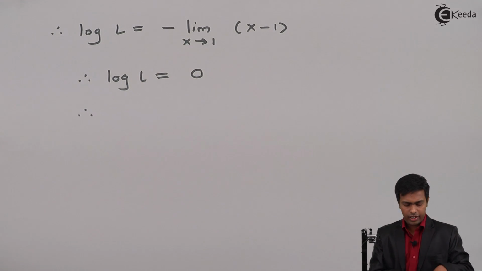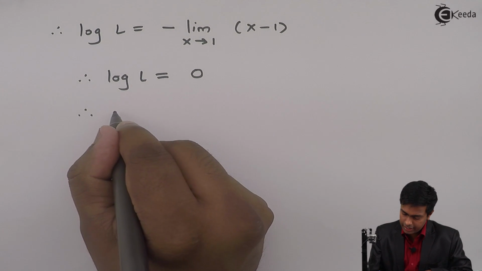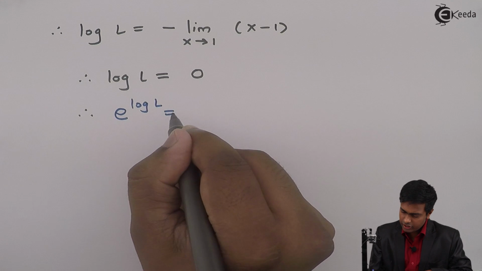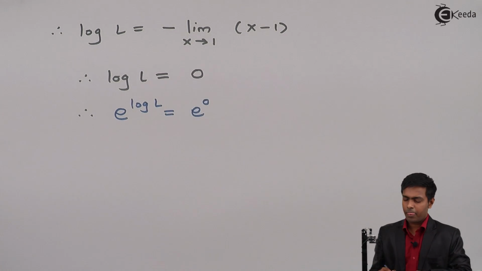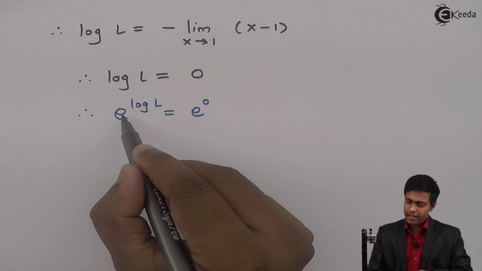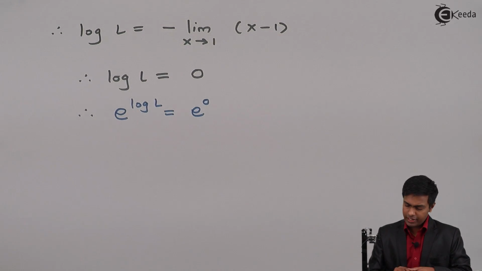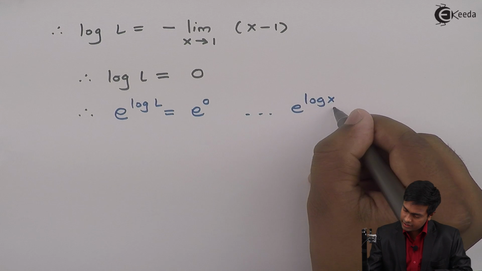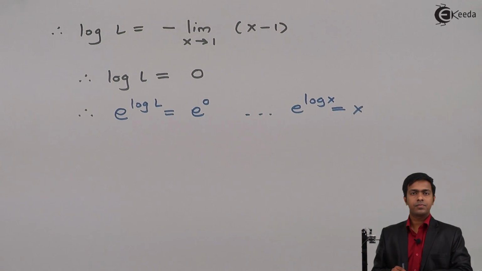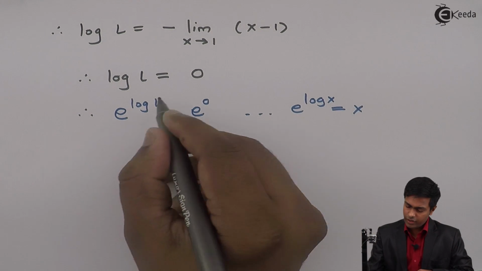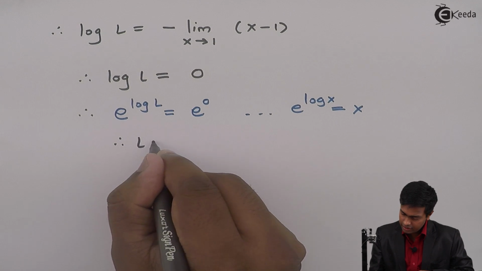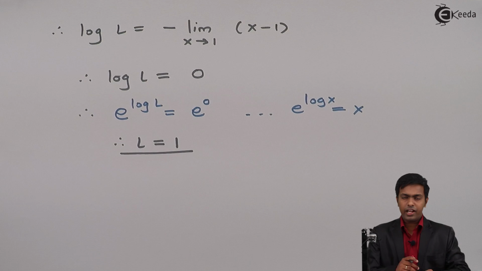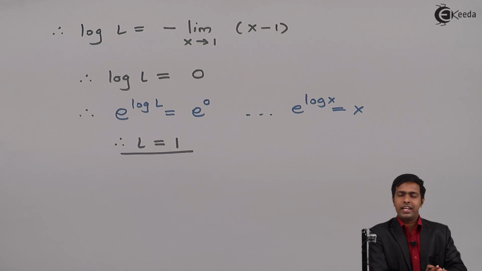So therefore on the left hand side we'll get e raised to log of L, and on the right hand side e raised to 0. Now this e and log will be cancelled by the formula e raised to log of x equal to x. So here we'll get, therefore, L equal to, and e raised to 0 we all know is 1, and therefore the value of limit is equal to 1.